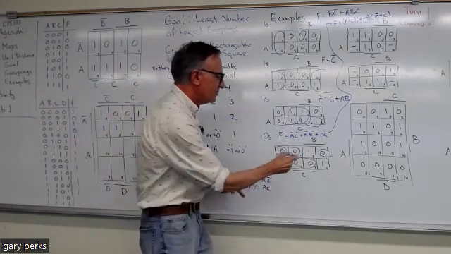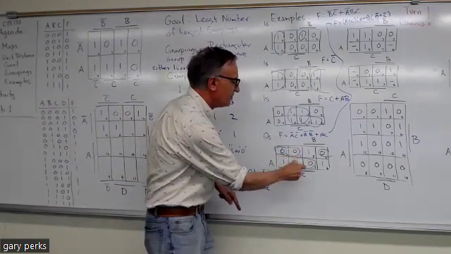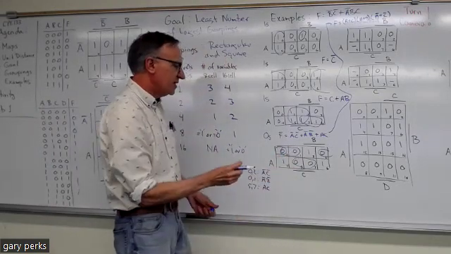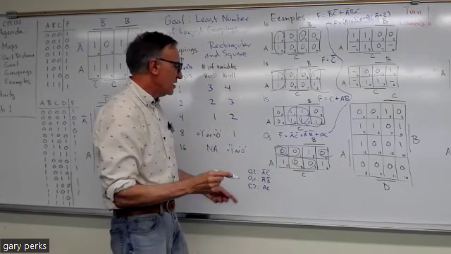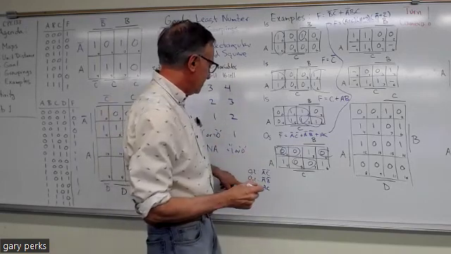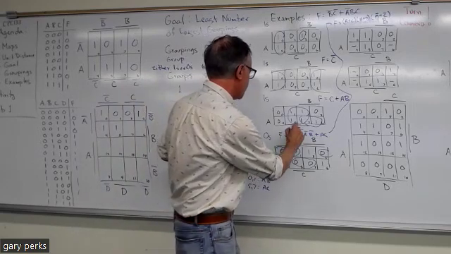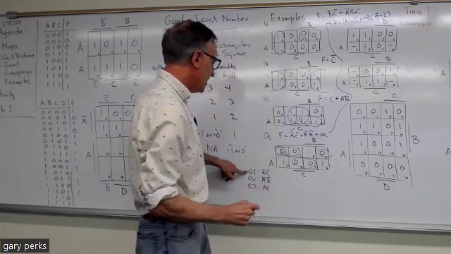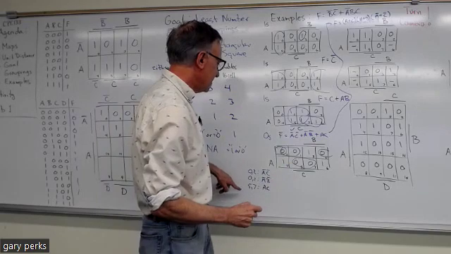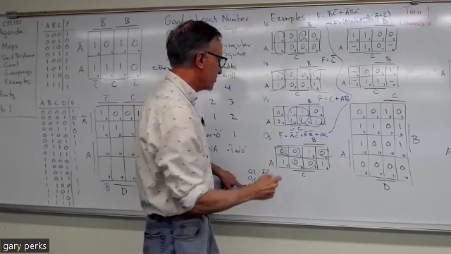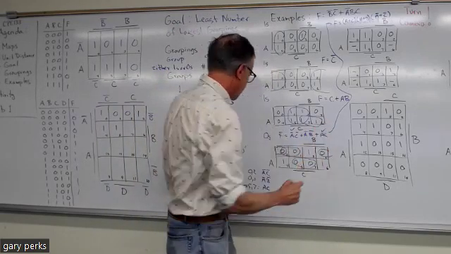If we did 1 and 5 instead of the 0 and 1, we would still have the not A, not C term, right? Because that came from 0, 2. And we would still have the 5, 7 term, which is the AC term.